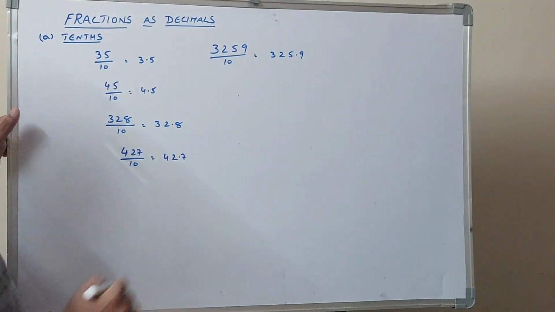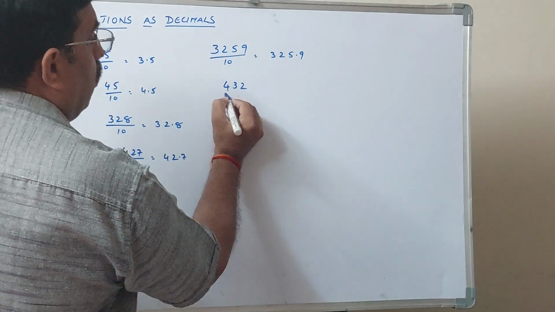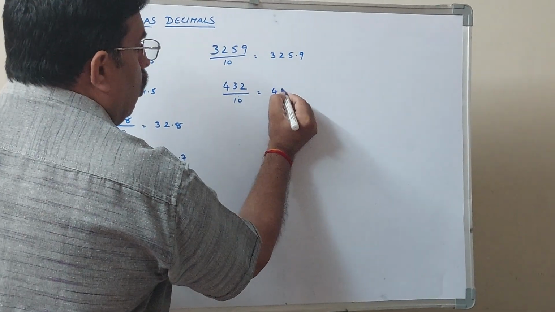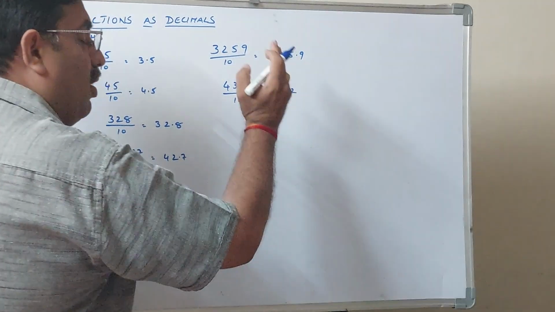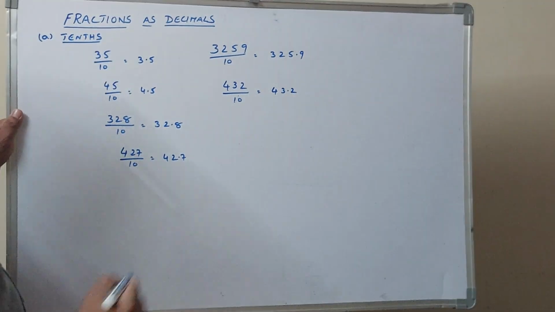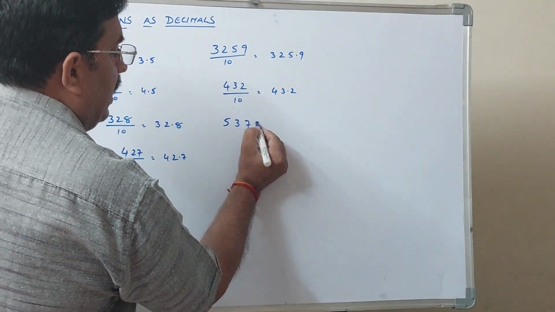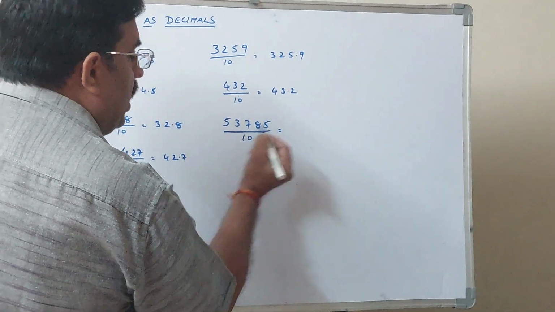If I ask you 432 by 10, how do you write it down? Write the same number, 432. Where will you put the decimal point? Leave the rightmost digit and put the decimal point. If I ask you 53785 by 10, how will you write the decimal?